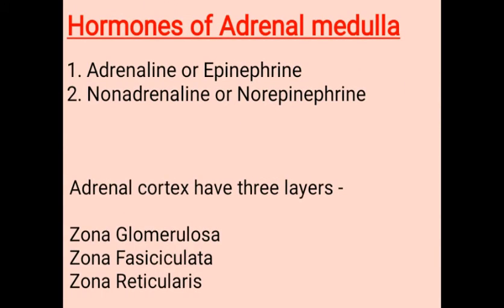Now this adrenal medulla secretes two types of hormones, adrenaline or epinephrine and noradrenaline or norepinephrine. These hormones are called emergency hormones because adrenaline and noradrenaline are rapidly secreted in response to stress of any kind and during emergency situations.